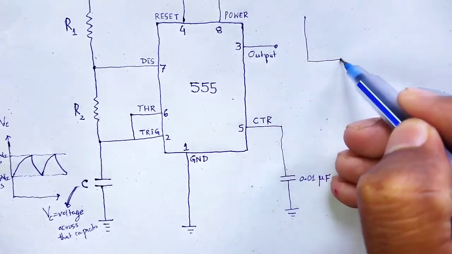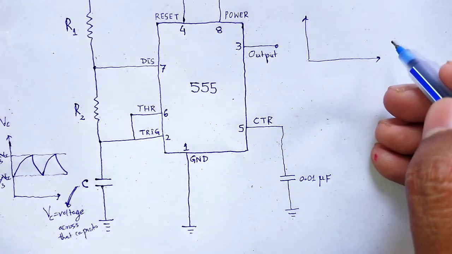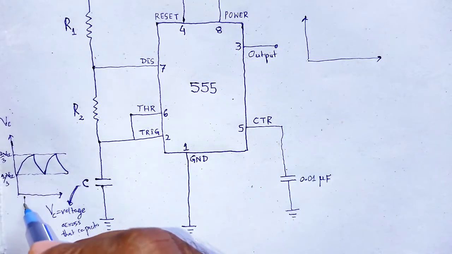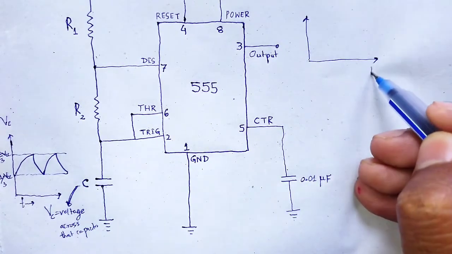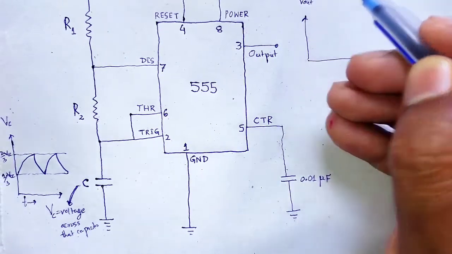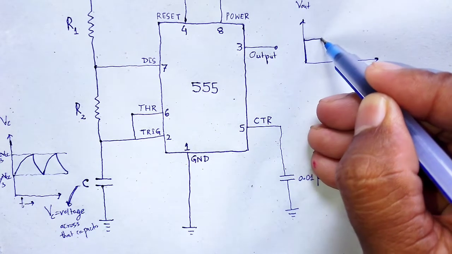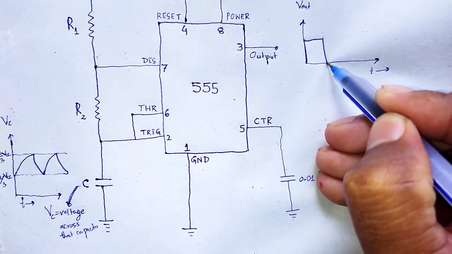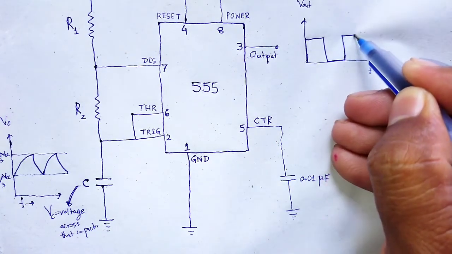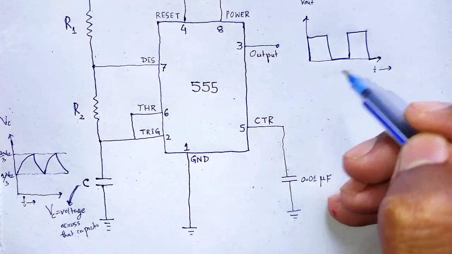At output, this is the time axis, so it is V output, the voltage at output, 1 0 1, like this.